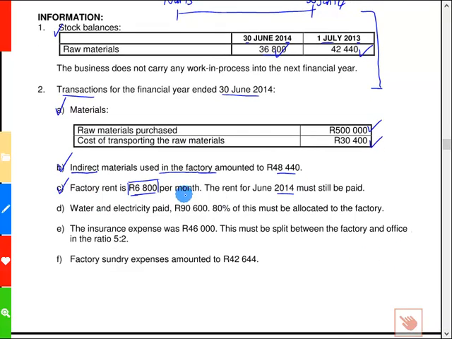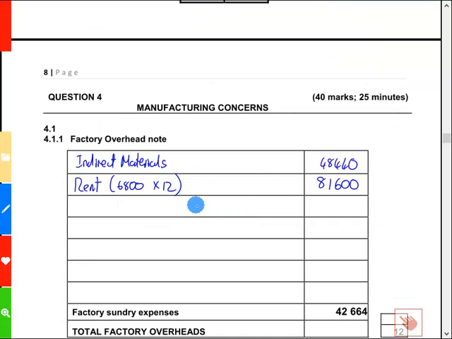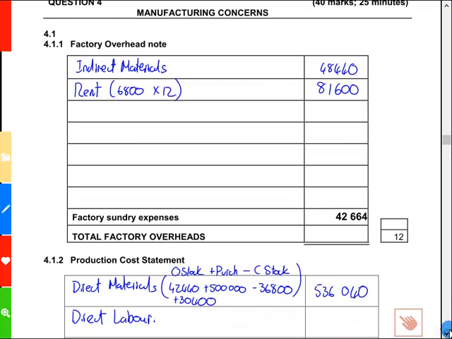Next one, water and electricity paid 90,600. Now we're told 80% of this must be allocated to the factory. So is this part of making the finished product? How much of the 9,600 is part of making the finished product? The portion that relates to the factory. So we're going to find 80% of 9,600. Is it material, labor, or overheads?